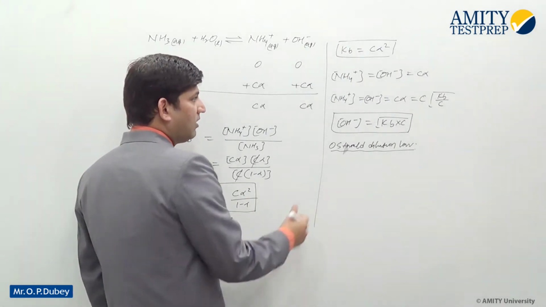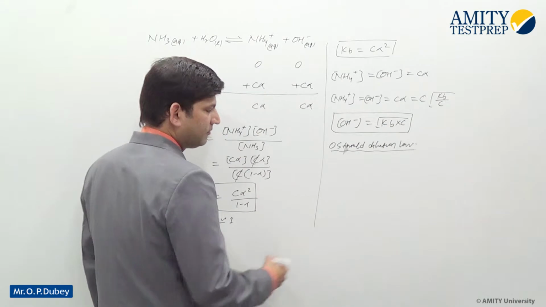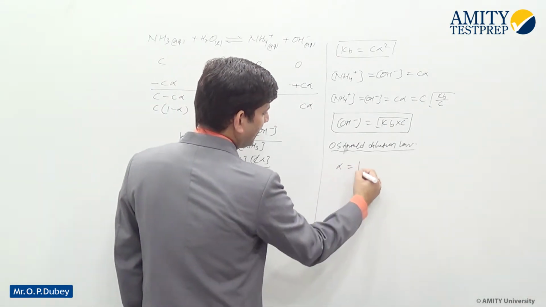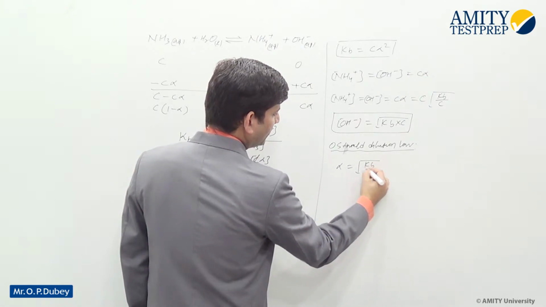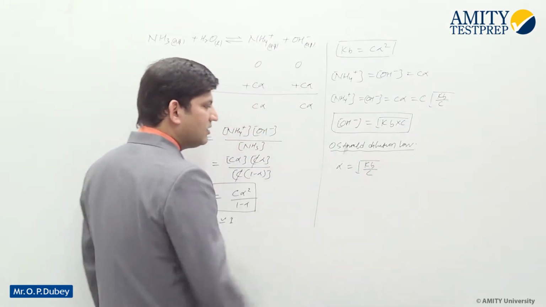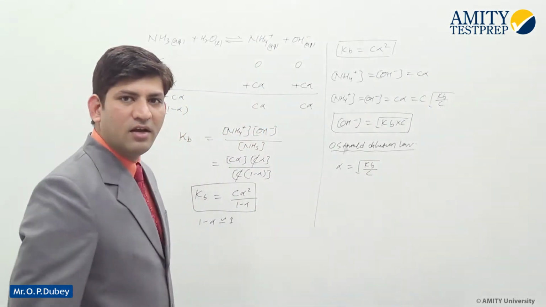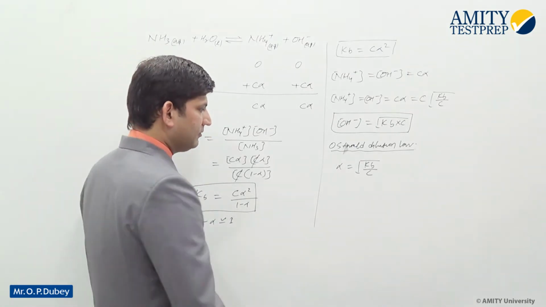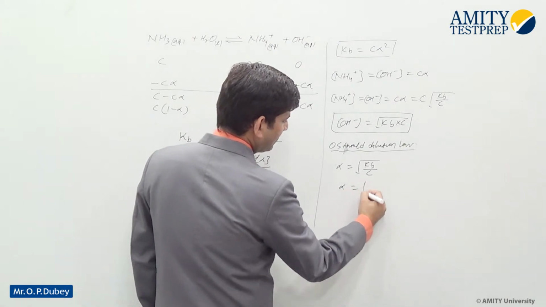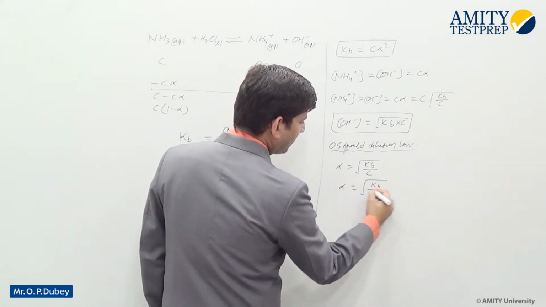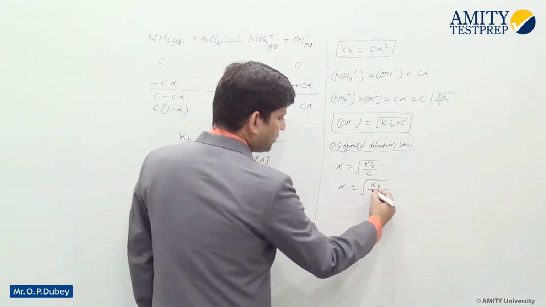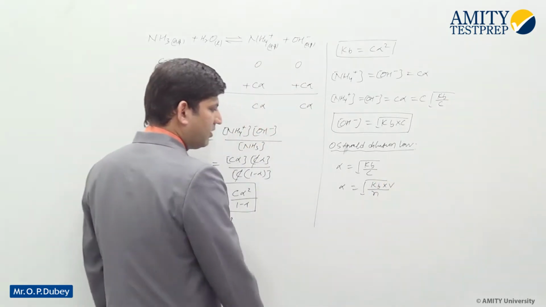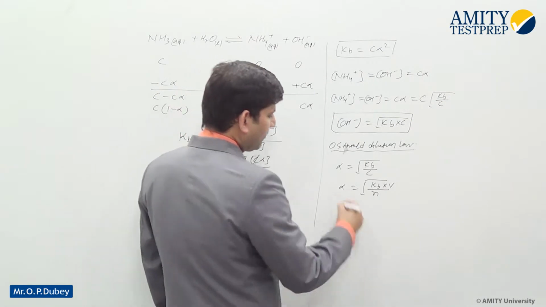Just like for a weak monoacidic base, the degree of dissociation can be written as under root Kb upon C. C is the concentration, which is number of moles upon the volume of solution in liter, so it can also be written as Kb upon number of moles, divided by the volume.